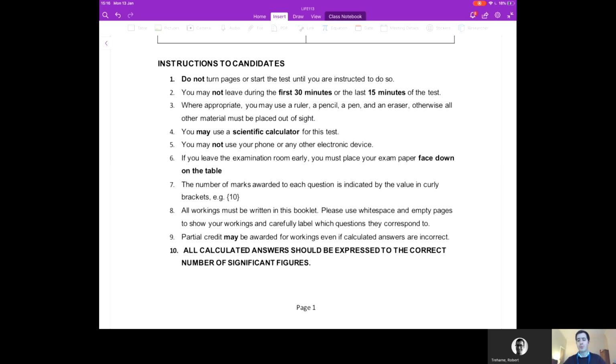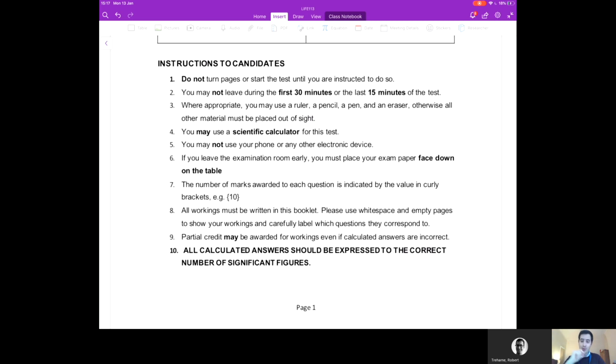There'll also be credit awarded for whether your answers are expressed to the correct number of significant figures or not, and that is point 10. All calculated answers should be expressed to the correct number of significant figures. And that applies throughout, with no exceptions, okay? So bear that in mind.